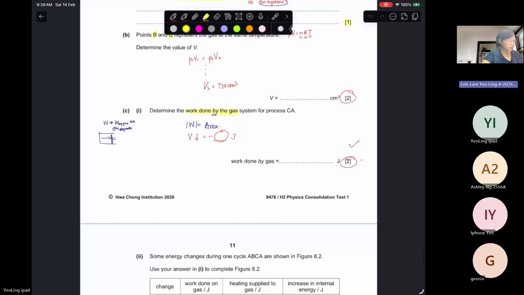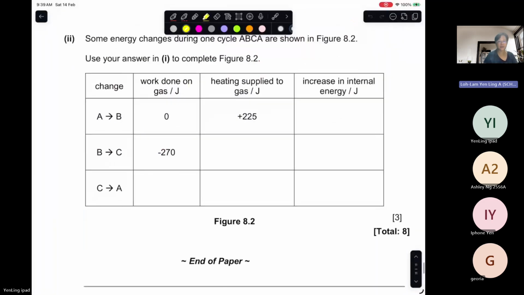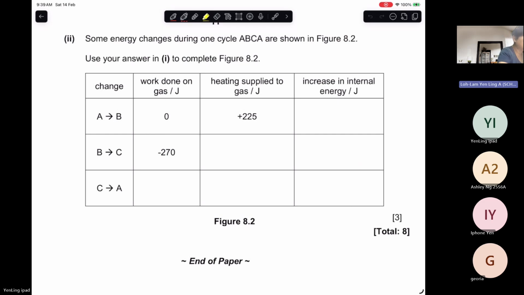Now, C part 2, there are error carry forward and it can kill you or not kill you. All right. So the easiest idea would be, number 1, look at work done on gas, heating and all that. And this is first law of thermodynamics. Now we switch from work done by system to work done on system. So the first thing that is easiest to fill in is to transfer the value 150 here. So there is ECF here.